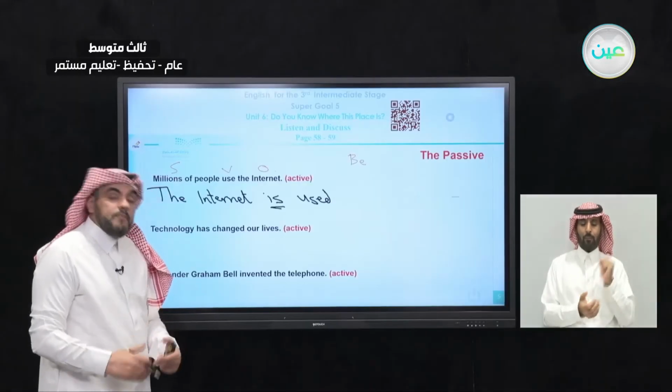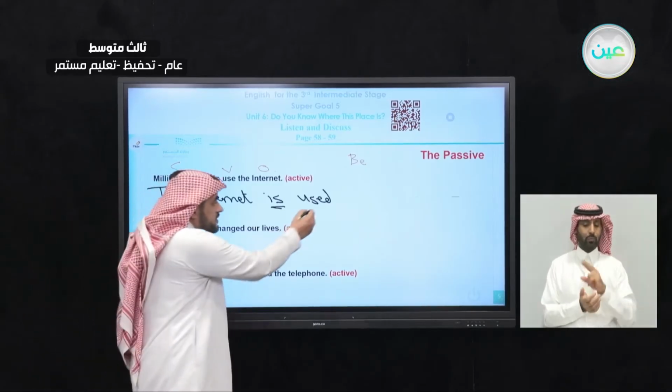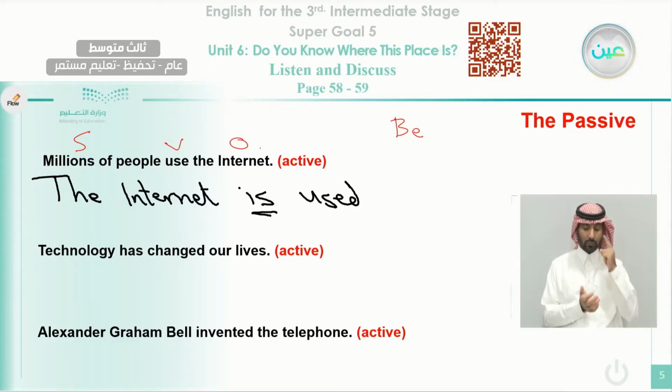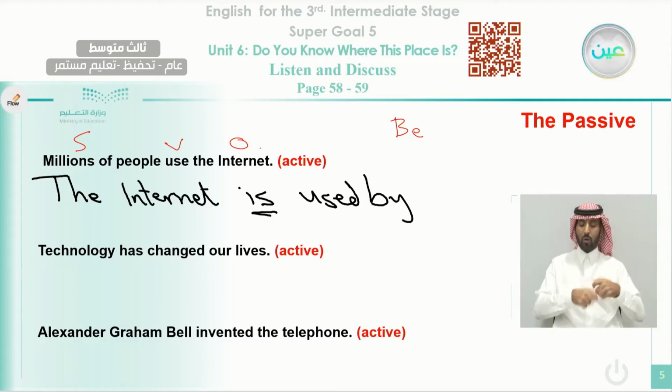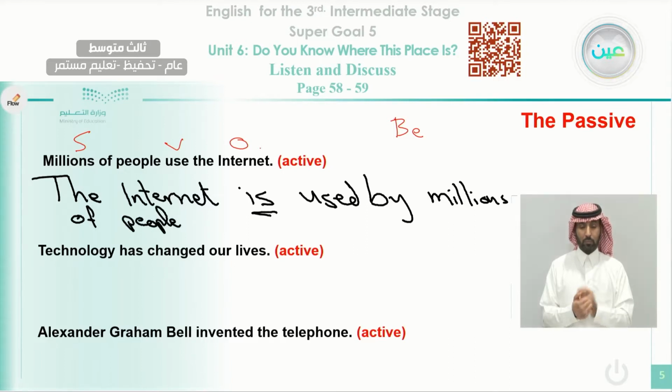We have a base form, we have a past form, and we have a past participle. We have to use it in the past participle form. Okay, is used. You can see by millions of people, or you can stop like that. You can say the internet is used. But here in this case, it's better to continue saying it is used by millions of people. Okay, millions of people. And never forget to end your sentence with a full stop because we finished the sentence.